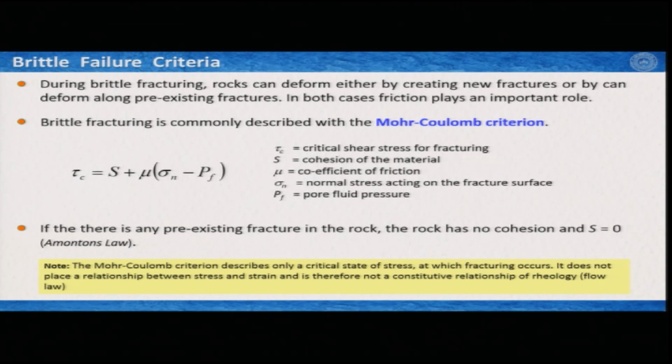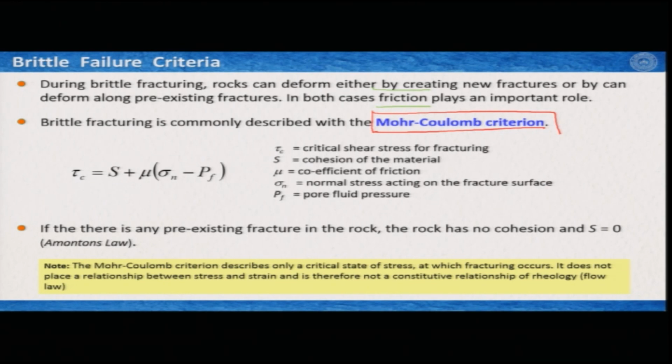So, during brittle fracturing, the rocks can deform either by creating new fractures or along a pre-existing fracture, and in both cases, as we have said quite a lot of times, friction plays a very important role. The fracturing processes that involve friction one can theorize by the Mohr-Coulomb failure criteria.